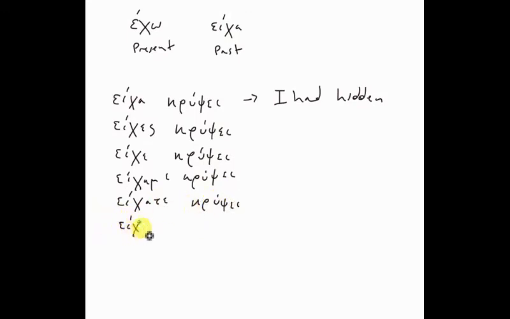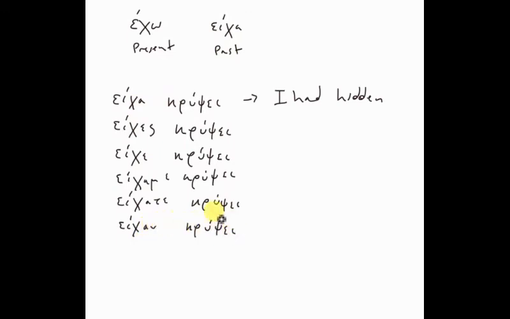And ihan kripsi. Iha kripsi, iches kripsi, ihe kripsi, ihame kripsi, ihate kripsi, ihan kripsi. I had hidden, you had hidden, he had hidden, we had hidden, you plural had hidden, they had hidden. Again, these endings are the secondary endings because the pluperfect, being in the past time, falls in the secondary sequence of tenses.